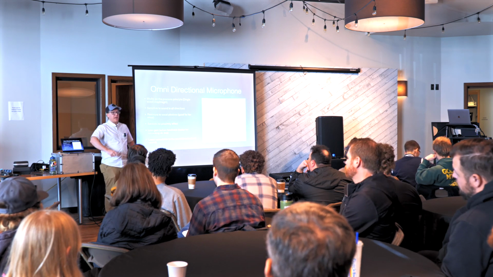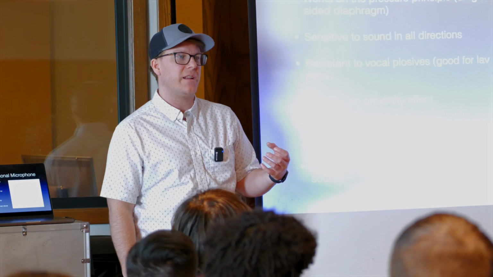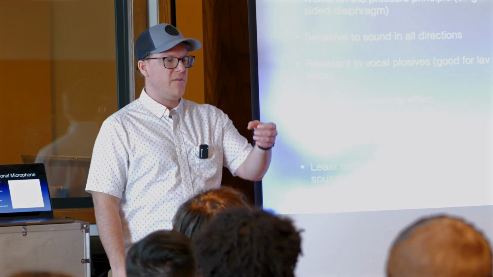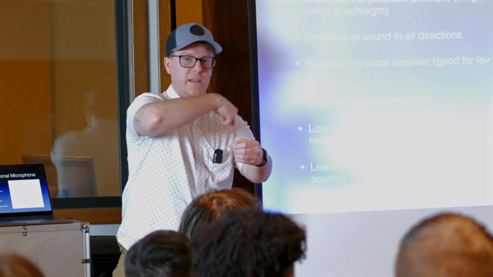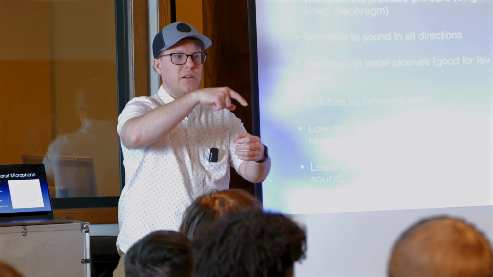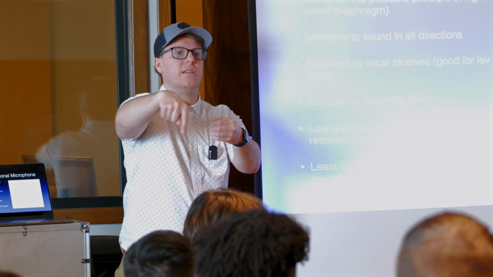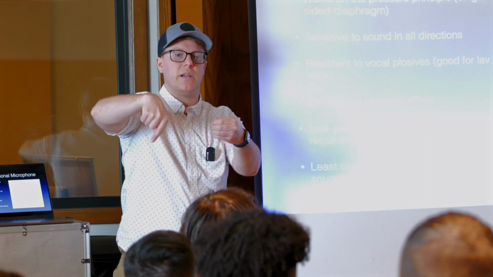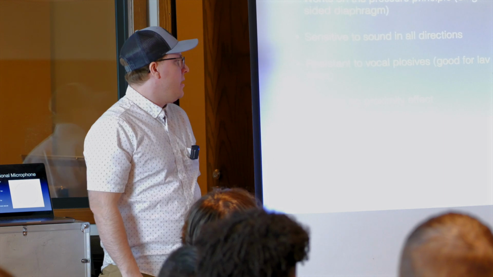I actually saw a good example of what a microphone proximity effect is on Instagram the other day, where they had the microphone in the center and a little train going around it, making a sound. So imagine this microphone is in the center and a train is moving around it. It's going to sound the same as it continues around the microphone. There's not going to be any sort of proximity effect to it.